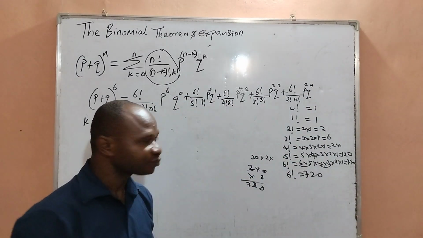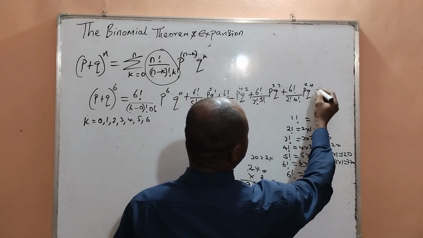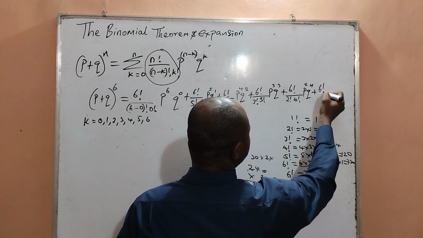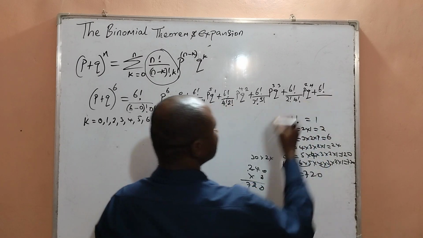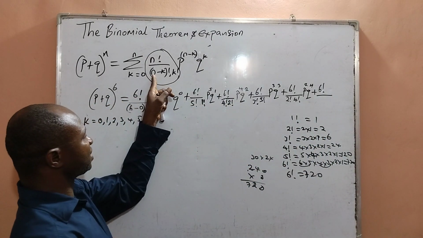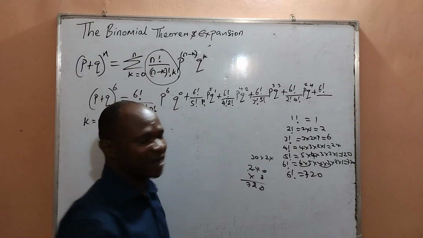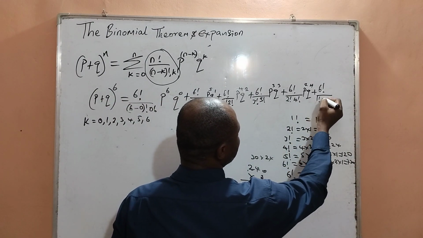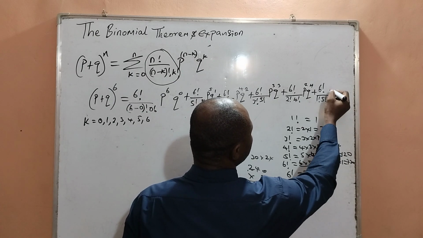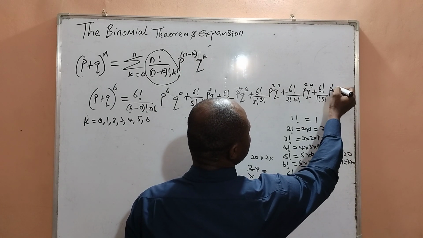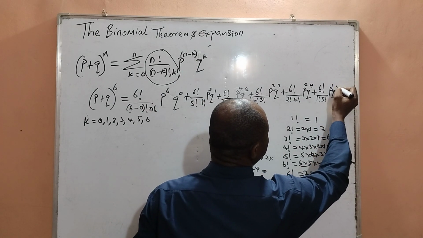Very good. Now the next I have is plus 6 factorial all over, see here n is still 6, but k this time around is 5. So I have 6 minus 5, which is 1 factorial, 5 factorial, then I have p raised to the power 1, q raised to the power 5.